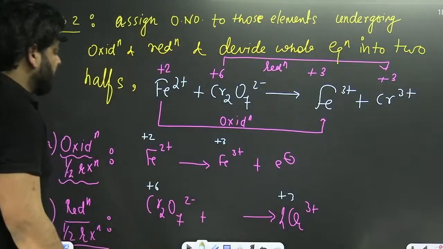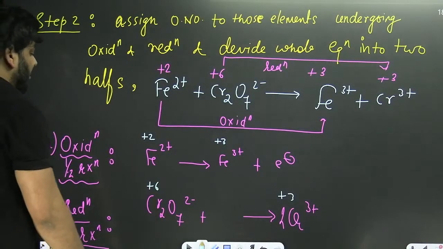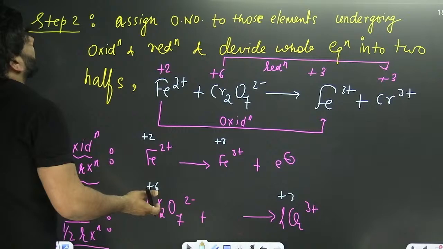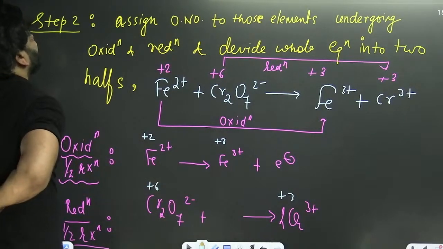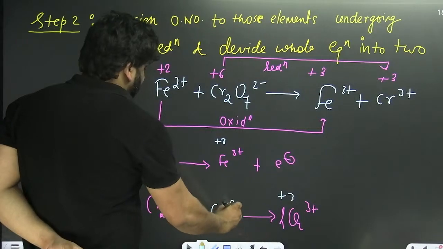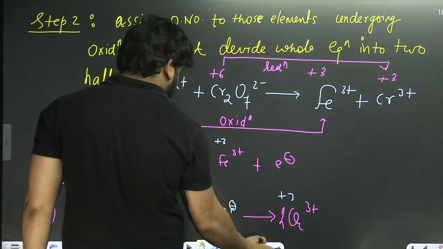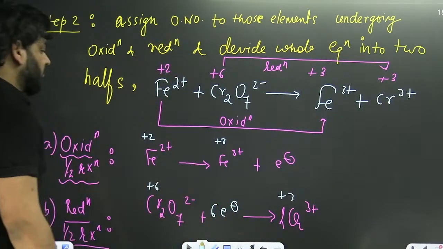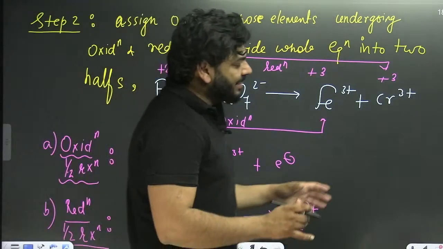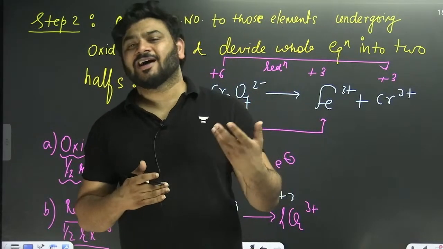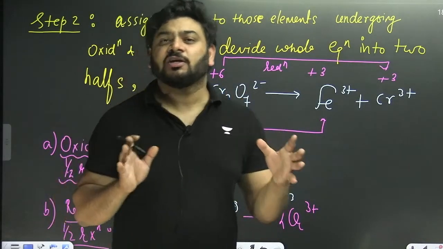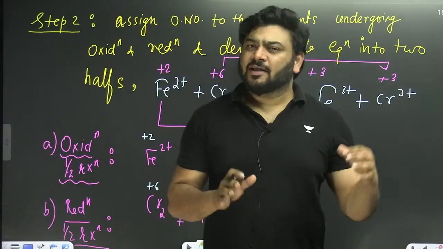One chromium going from positive 6 to positive 3 acquires 3 electrons, so 2 chromium atoms will acquire 6 electrons. The balancing of the rest of the elements such as oxygen and hydrogen will be done later on. The only thing that undergoes a change has to be balanced first in the half reaction itself.